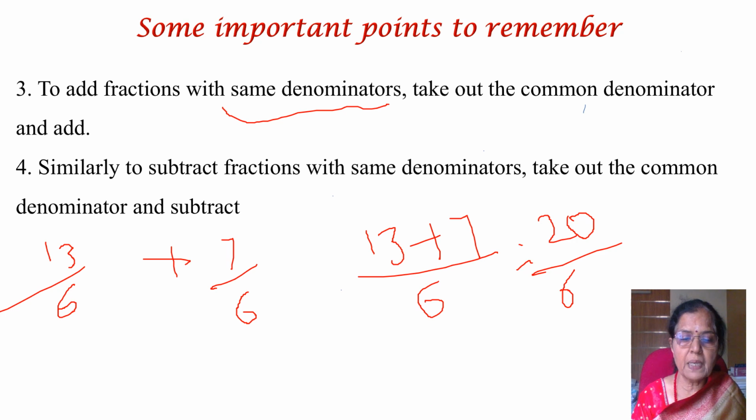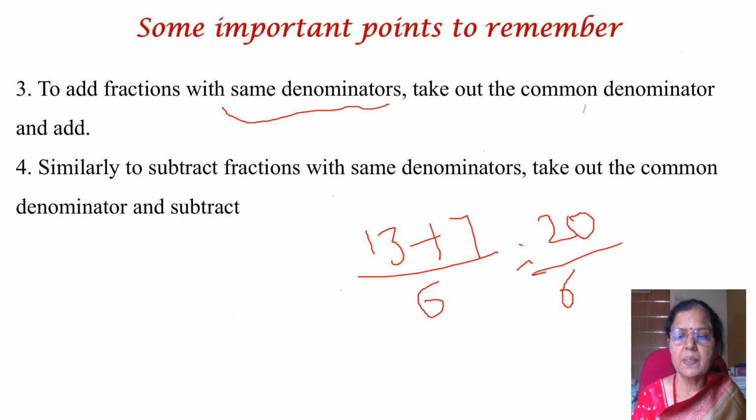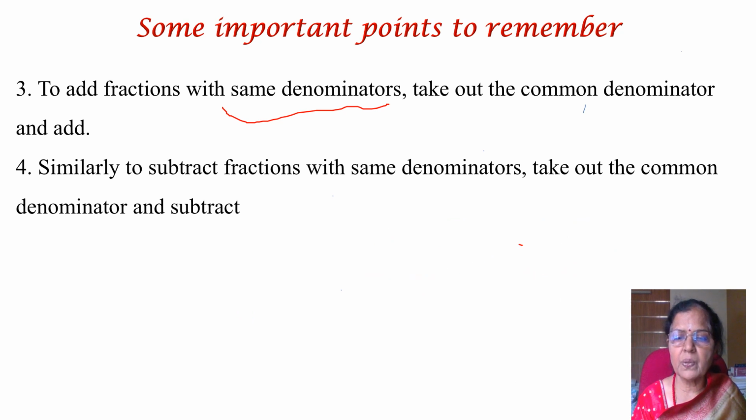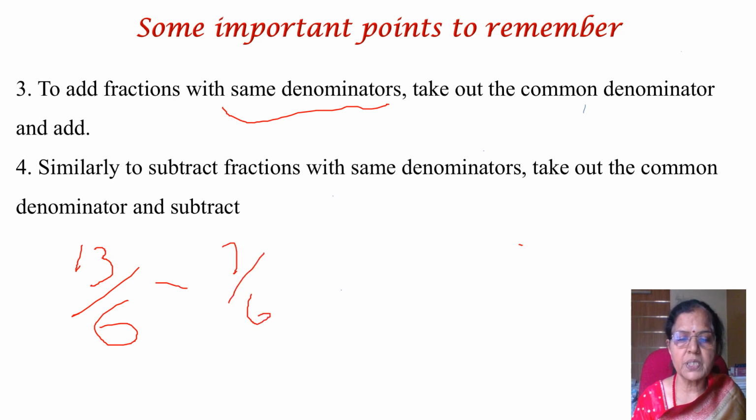And now similarly for subtraction, you need to do the same thing. Take out the common denominator and subtract the numerators. For example, the same fractions: 13 by 6 minus 7 by 6. Which is the common denominator? 6 is the common denominator.